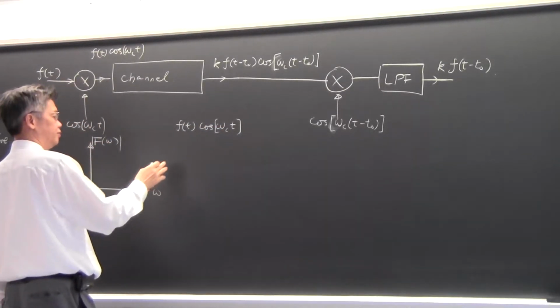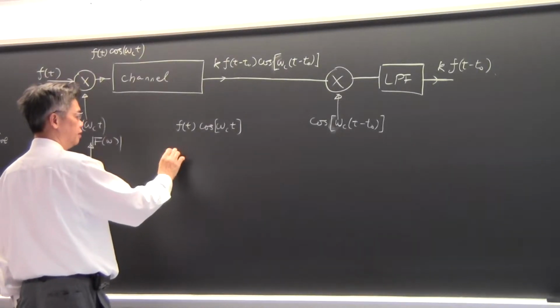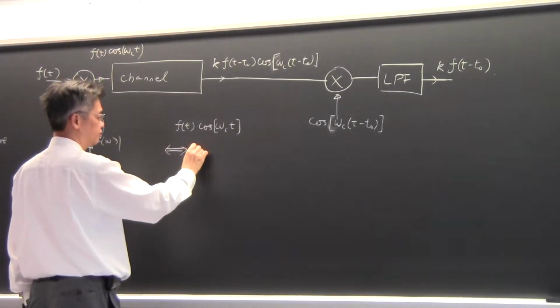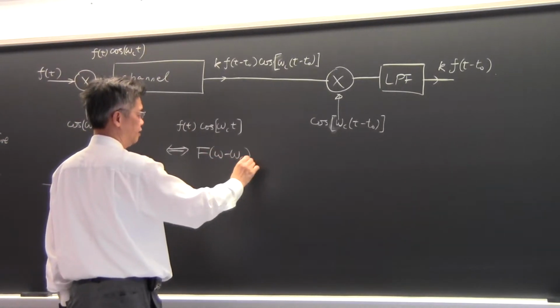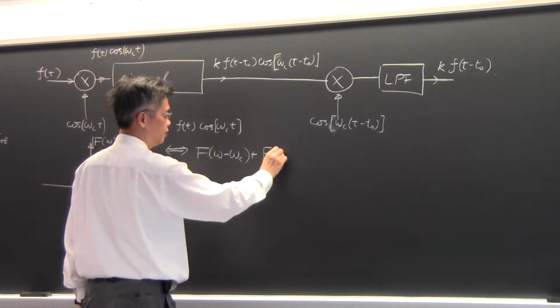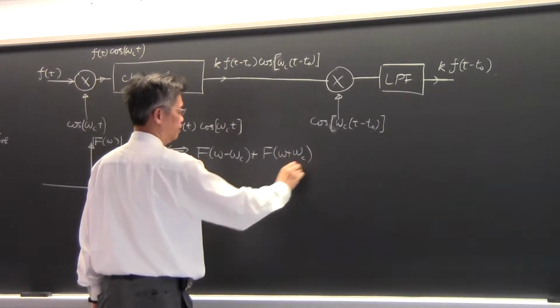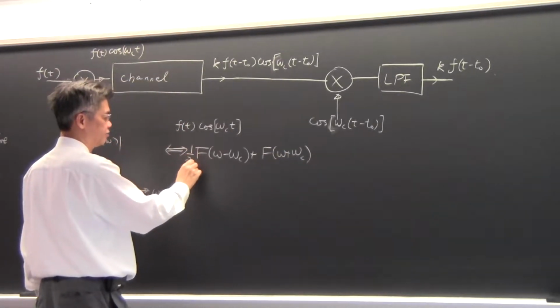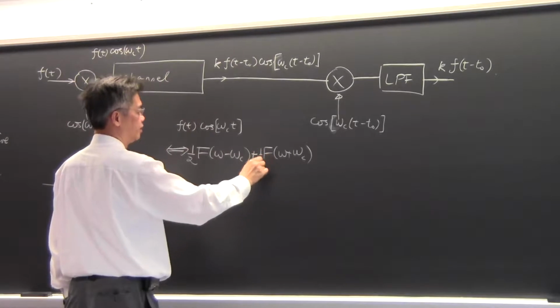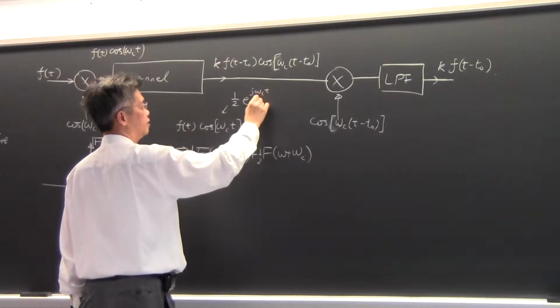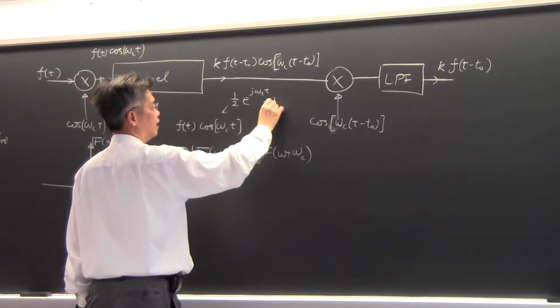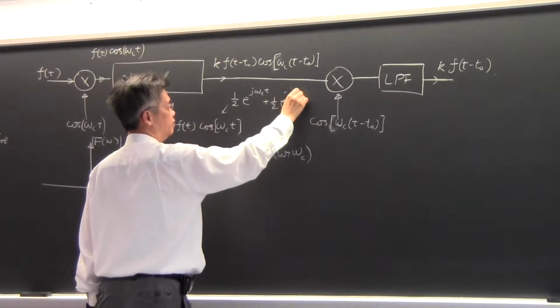This is the same as doing frequency shifting. So this would Fourier transform to half F of omega minus omega c plus half F of omega plus omega c, because this thing is half e to the j omega c t plus half e to the minus j omega c t.